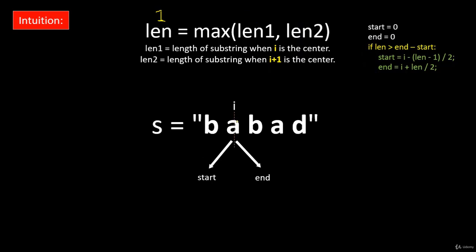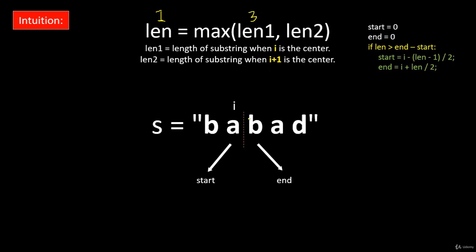For the next iteration, i is pointing to this character A. We have start and end, and this is our center. At the center, we can expand around it. We have B on the left and B on the right. So we expanded it and we can't expand anymore. So here the length of the longest palindromic substring is 3. Then our next center is this.